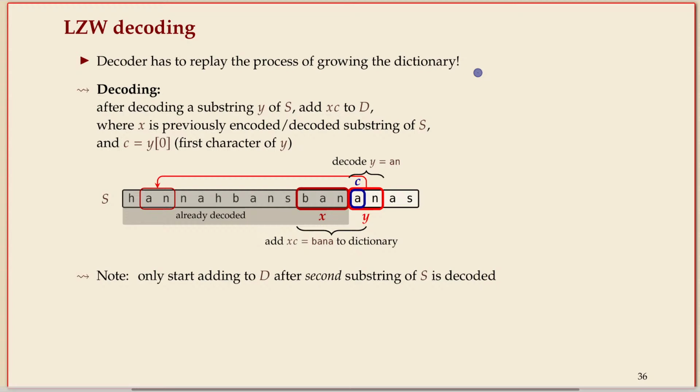We have to reverse what the encoder has done. Otherwise, we don't get back to the same source text. The details are a little more tricky because, as we'll see, the decoding is always a bit lagging behind. And the intuition behind that is easy. Remember, we always encode one code word and then store a new one. And so we have to do the same in the decoder.